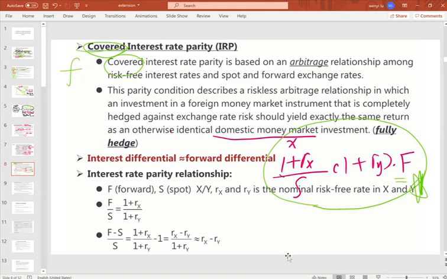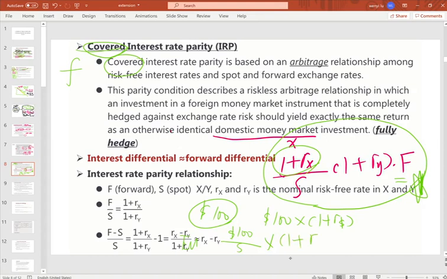So if you have $100 to invest, you can put the $100 in the US market to get interest, so 1 plus R dollar times 100. Or you can put this money in the EU to get interest in Europe, by buying euros with the $100 over the spot rate, then times 1 plus R EU.